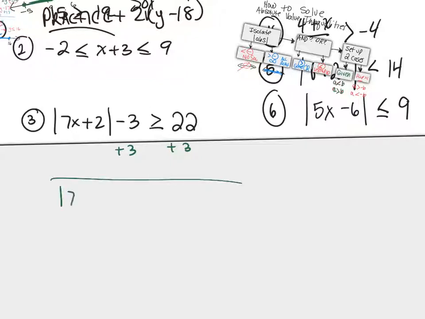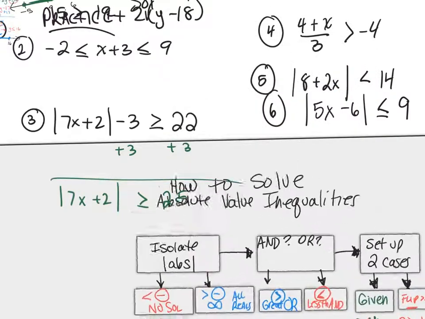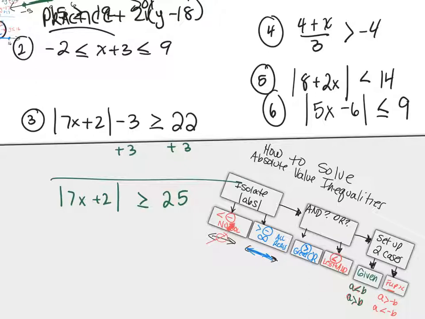So we get the absolute value of 7x plus 2 is greater than or equal to 25. Now from there, I can ask myself, is it greater, less than, a negative? And it's no, so I don't have to worry about these. I go to the and or. Is that an and or an or? Or, because it's greater.